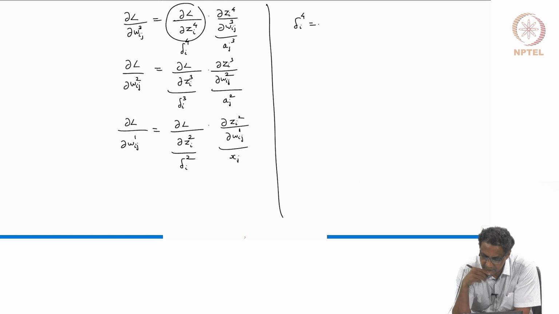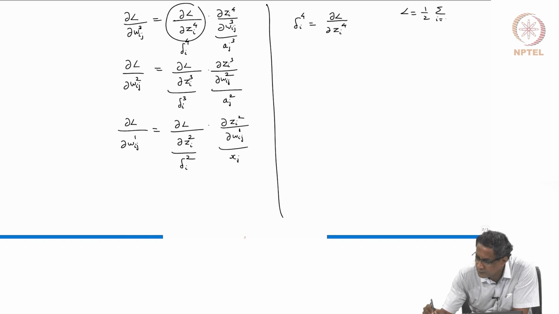So let's look at delta I4. Delta I4 is dou L by dou Zi4, and L, we wrote down, is simply half, because we have two outputs there, sum over i equal to 1 to 2 of yi hat minus yi, squared.